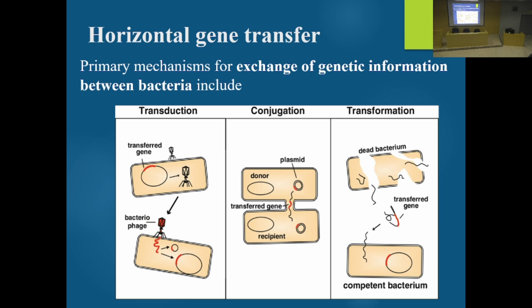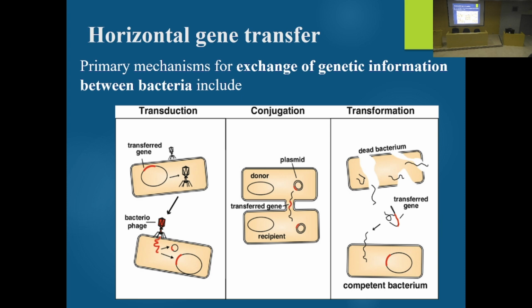So, the three different mechanisms of gene transfer. One is conjugation, for which we require sex pili. You can see a plasmid, part of it enters into another bacterium. This is conjugation.